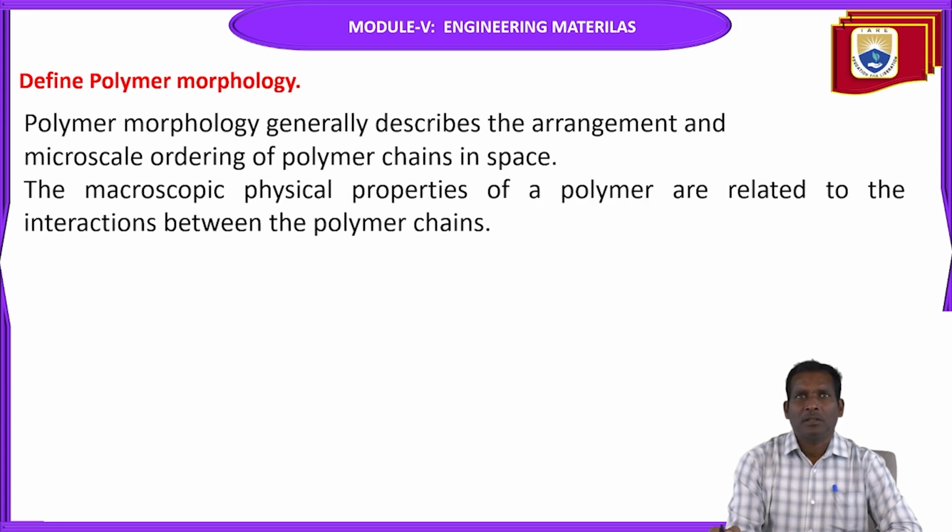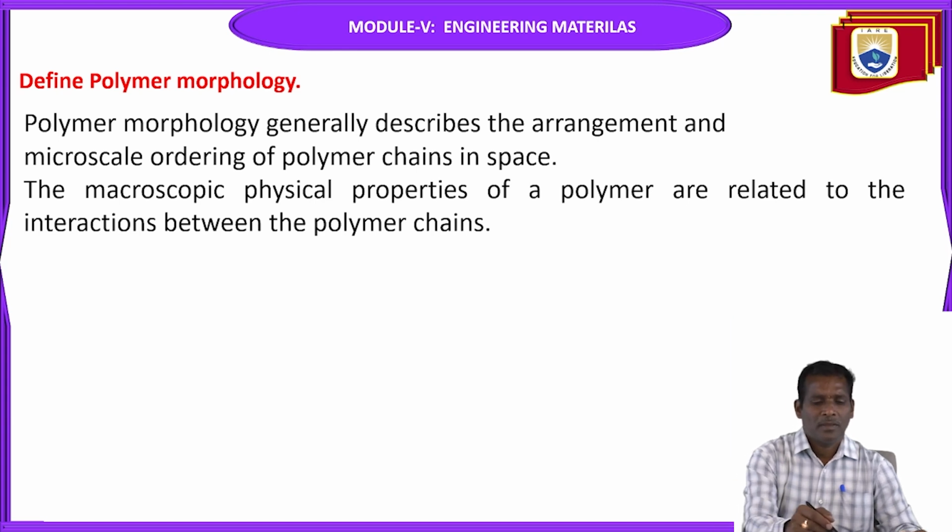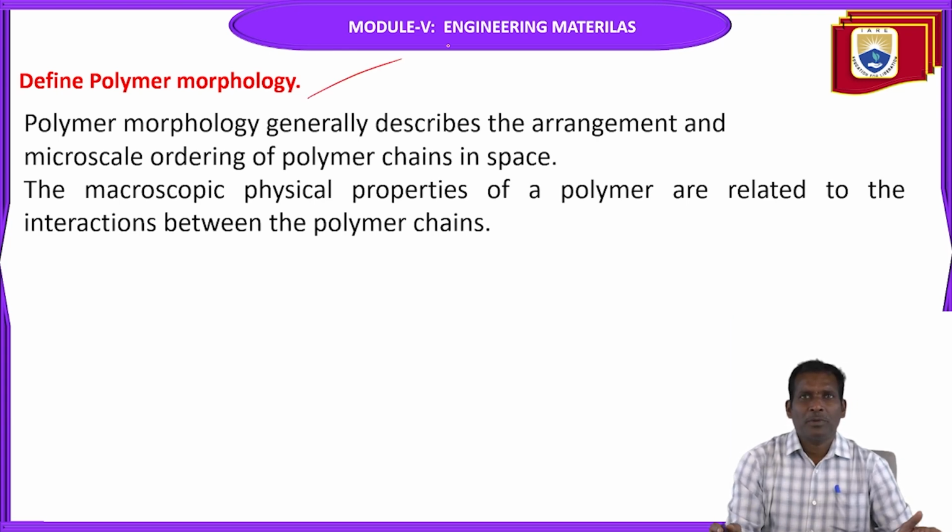So define polymer morphology. Polymer morphology generally describes the arrangements and microscale ordering of polymer chains in space. The macroscopic physical properties of a polymer are related to the interactions between the polymer chains.